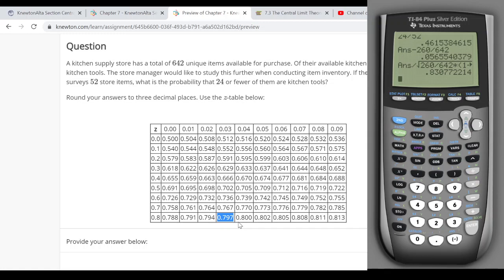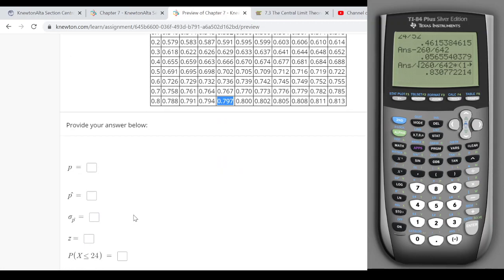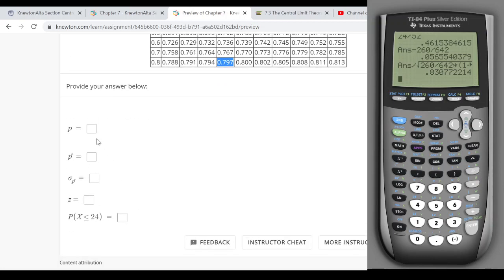So the probability that this manager pulls a sample of 52 items and 24 or fewer of them are kitchen tools is almost 80%, 0.797, and I enter all this stuff down here.